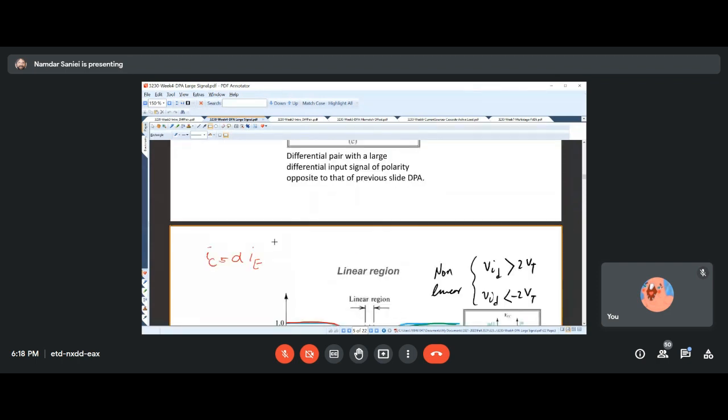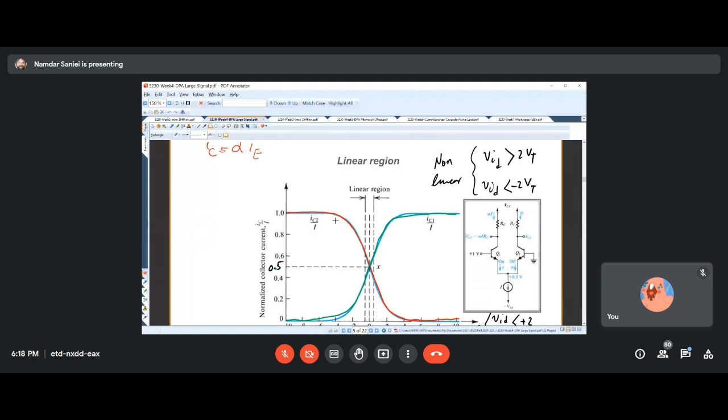We applied a large signal to the input and looked at the collector currents, therefore the collector voltages, and we realized that in one transistor we are conducting the whole current in large signal, while in the other one we don't see any current conduction, right?